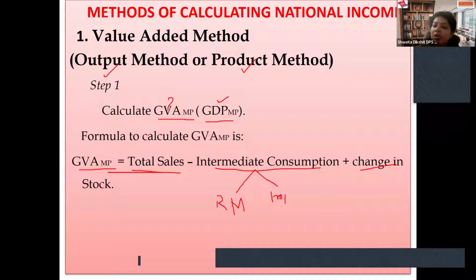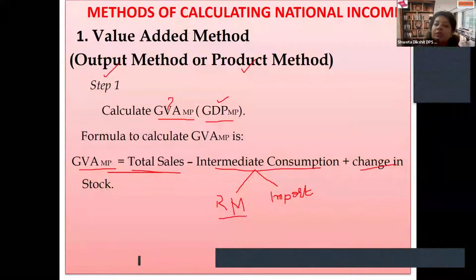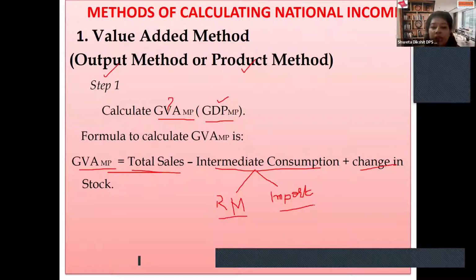It is obvious that any economy, for making purchases of raw materials for the production process, depends on two things. That is internal purchases, domestic raw materials, and the second is the purchases made from international sources. Like total sales, in intermediate consumption also, we include domestic as well as international imports.